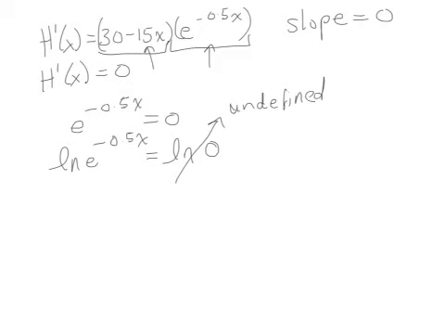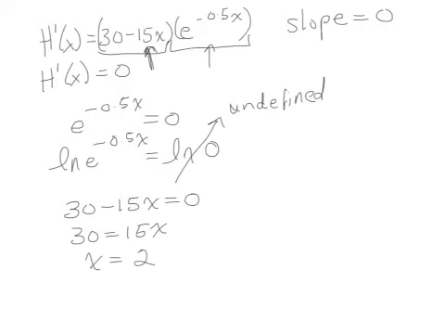So we need to be looking at this second part of the product. So we can say 30 minus 15x must equal 0. 30 equals 15x, and x must equal 2, 30 divided by 15. So this means at 2 hours we have either a max or a min.